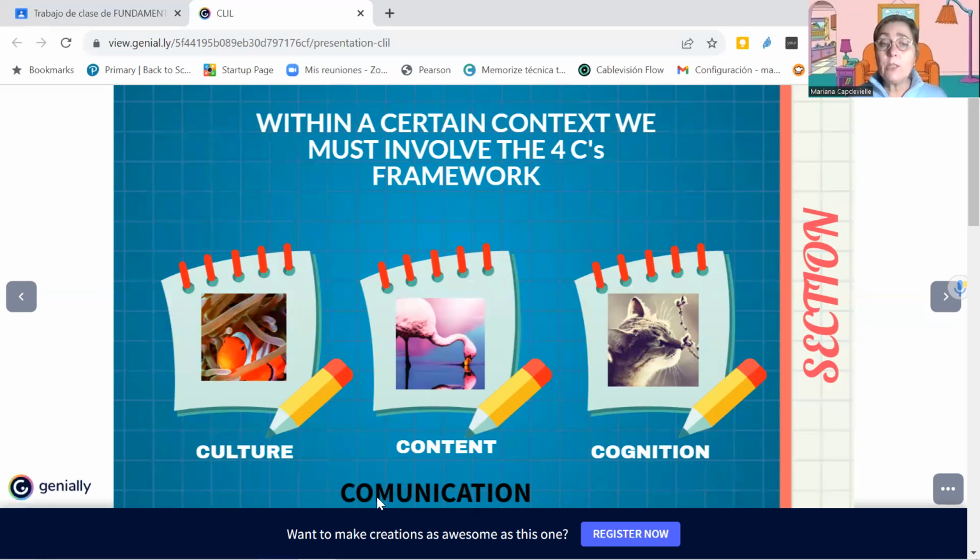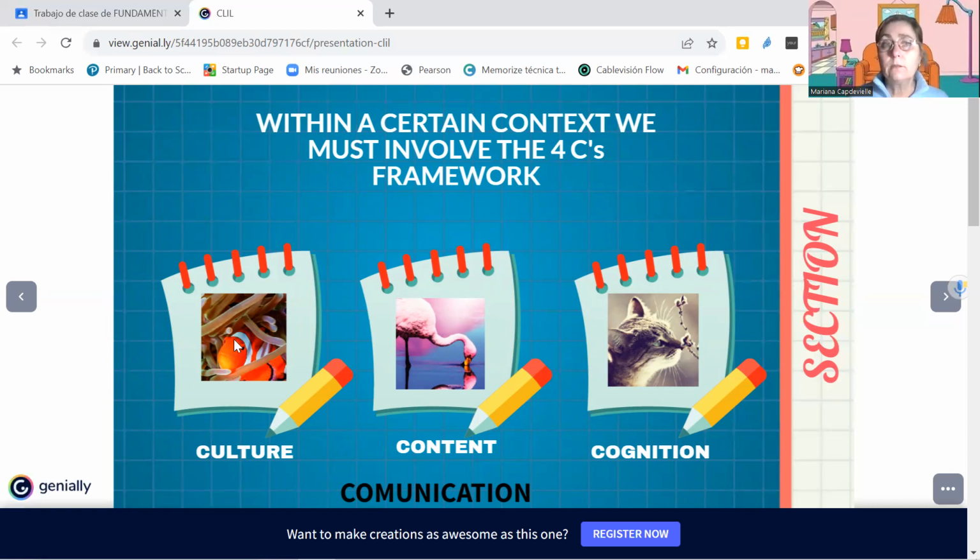We have the communication because we need to compare languages in the government systems and we need to describe and identify who's who and what's what with the relative clauses. So we have the communication and we have to present it in the form of an article or a presentation. We have cognition because it has to be cognitively demanding. We are using Bloom's taxonomy, okay?